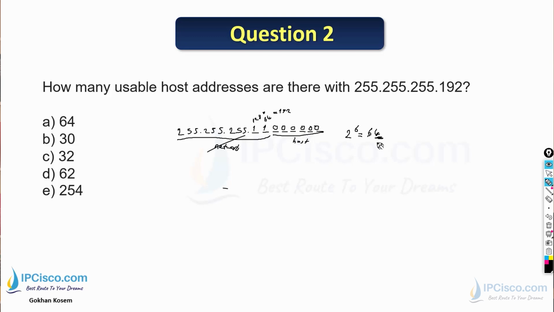But it is asking usable host addresses. We need to subtract 2 because 1 is for the network address and 1 for the broadcast address. So the usable host addresses are 62 addresses.